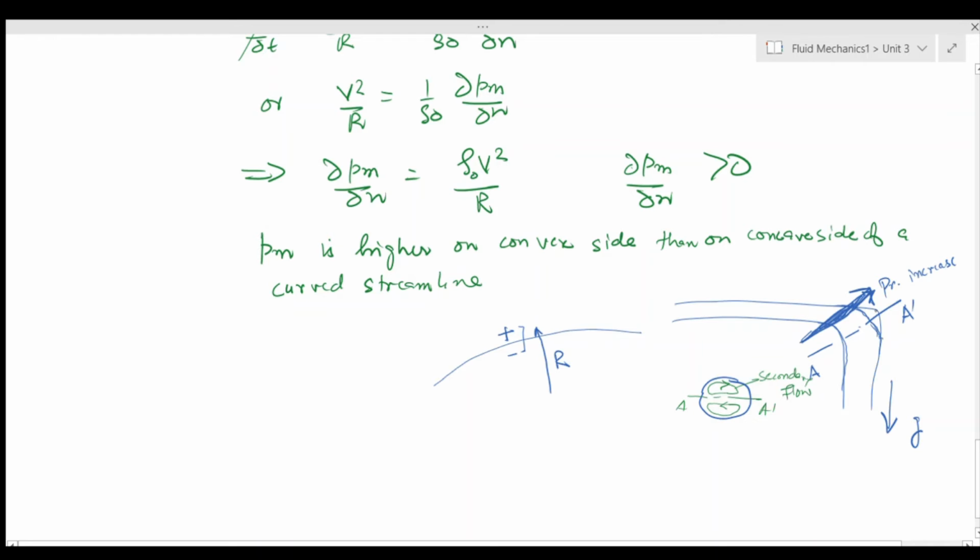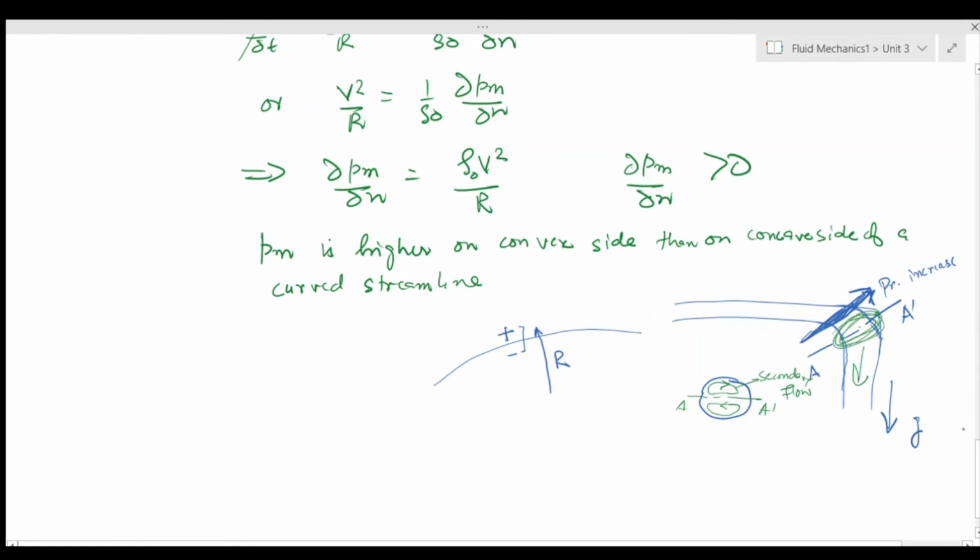Why? Since there is more pressure towards the convex side than the concave side, because of this pressure difference there would be flow happening in this way. Also there is flow happening in this direction along G, and then there is this circular flow pattern, and that takes energy from the fluid, and because of which there are losses.